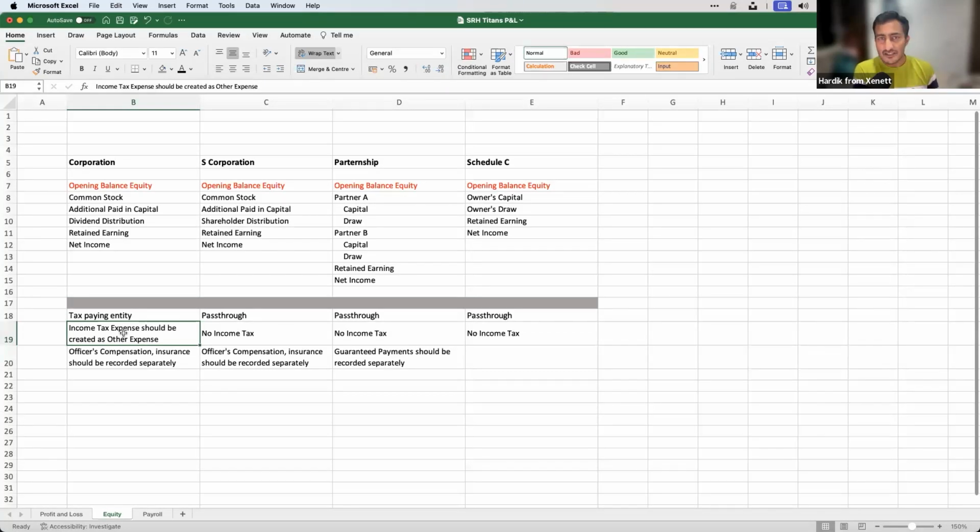Income tax should be created as other expense because it's not a typical business expense, so we should not record it as a normal operating expense. It should be created below, after total expenses, in other expense, and recorded there. It's a tax-paying entity, which means the entity itself is taxable, and that's why it needs to pay the taxes.